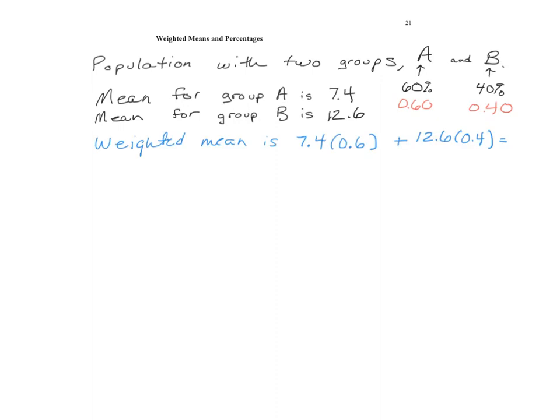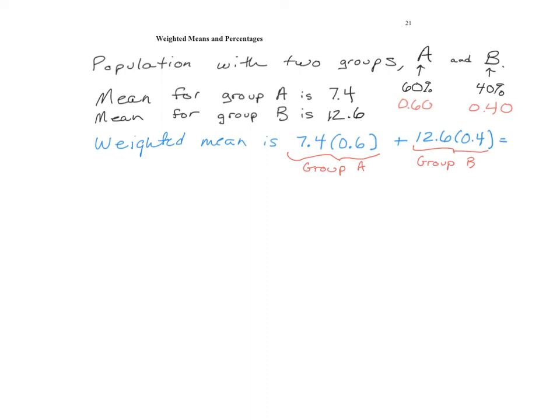So to find the weighted mean, we're going to take the mean for group A and multiply that by the percentage in group A, which is also called the weight. And we'll take the mean for group B, 12.6, and multiply it times the percentage that are in group B, and then add those two together.